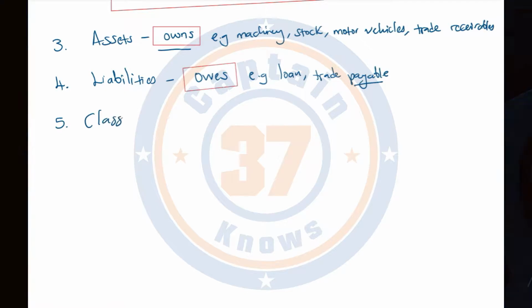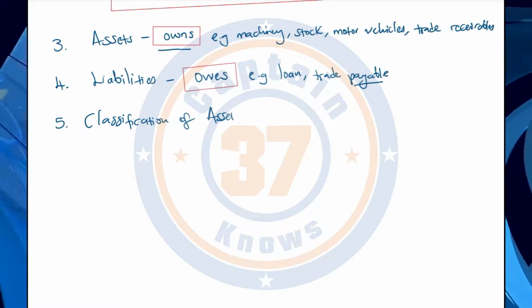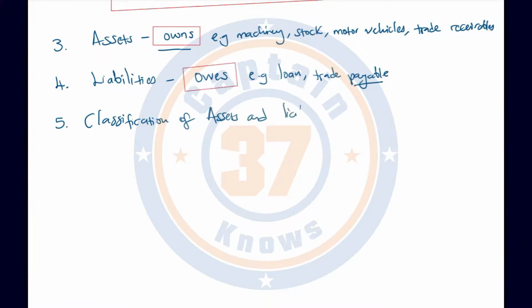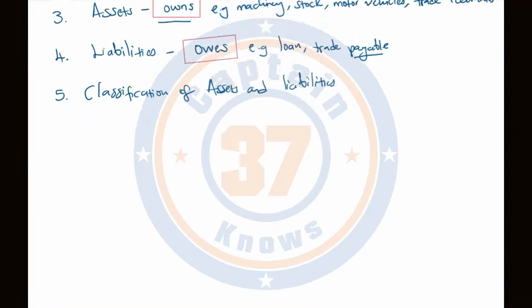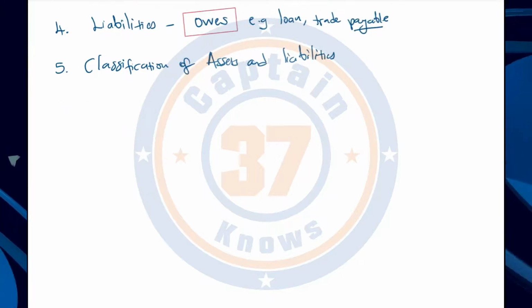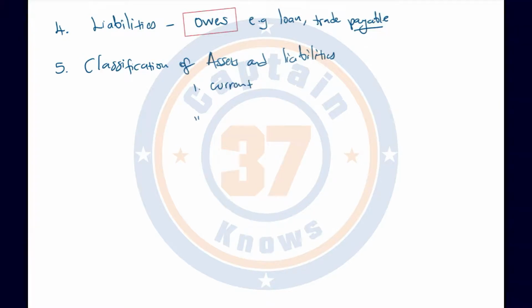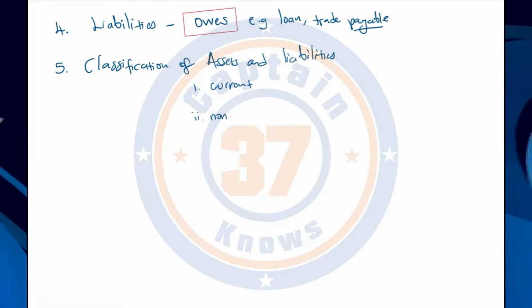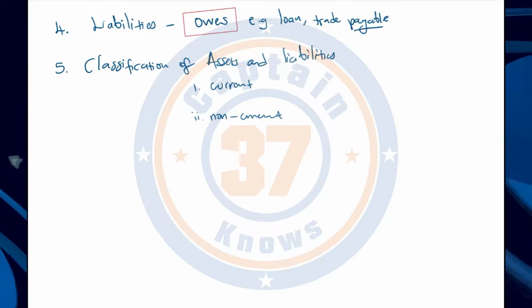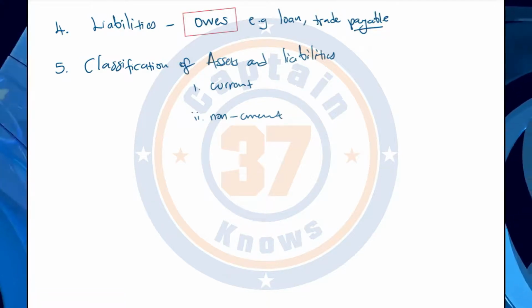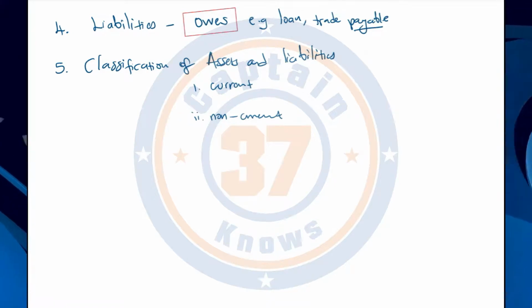Number 5. Let's talk about classification of assets and liabilities. How are they classified? They are classified as current or non-current. The principle is that current assets or current liabilities have to be dealt with within 12 months.